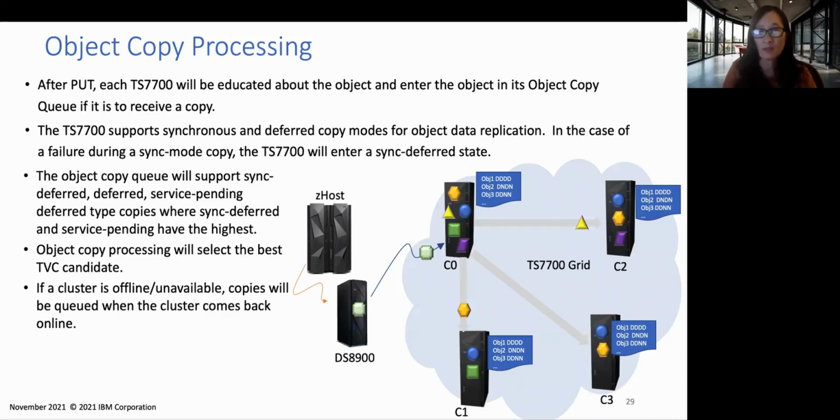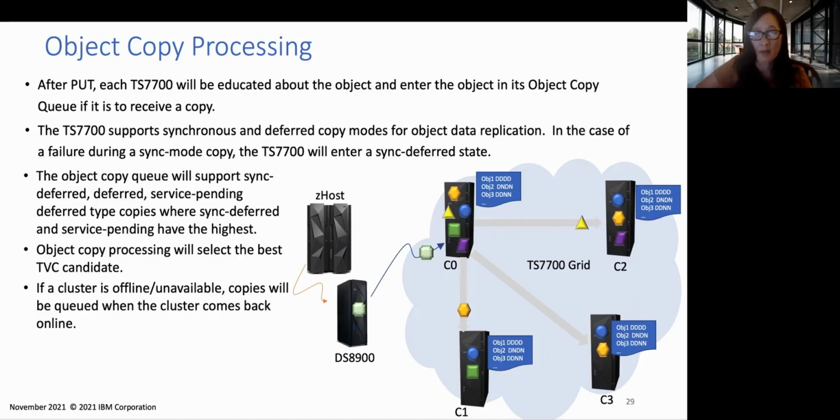Now this is, again, very similar to the copy queue in logical volumes, except it is a separate copy queue. We're going to have a totally separate queue for objects. And again, working very similarly, I look at what kind of copy it is. Is this a deferred copy, and so on and so forth, and that tells me the priority of the copy.